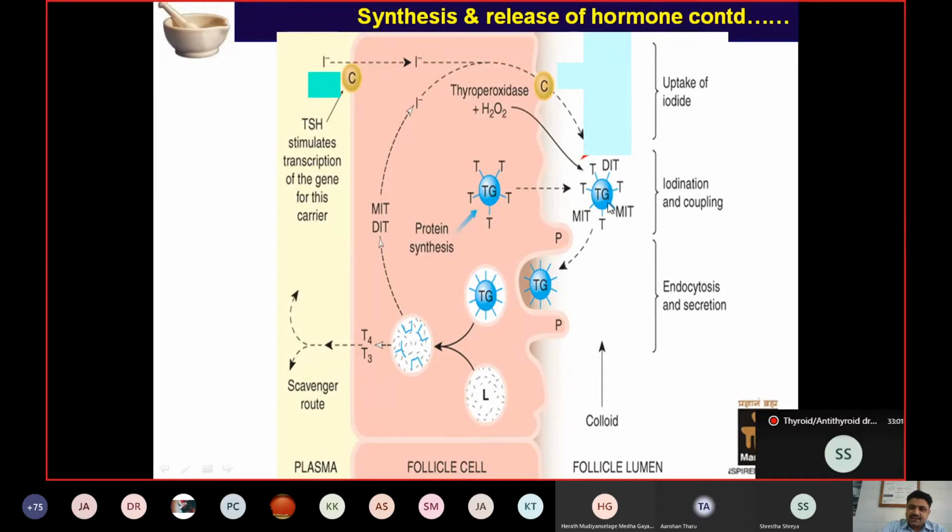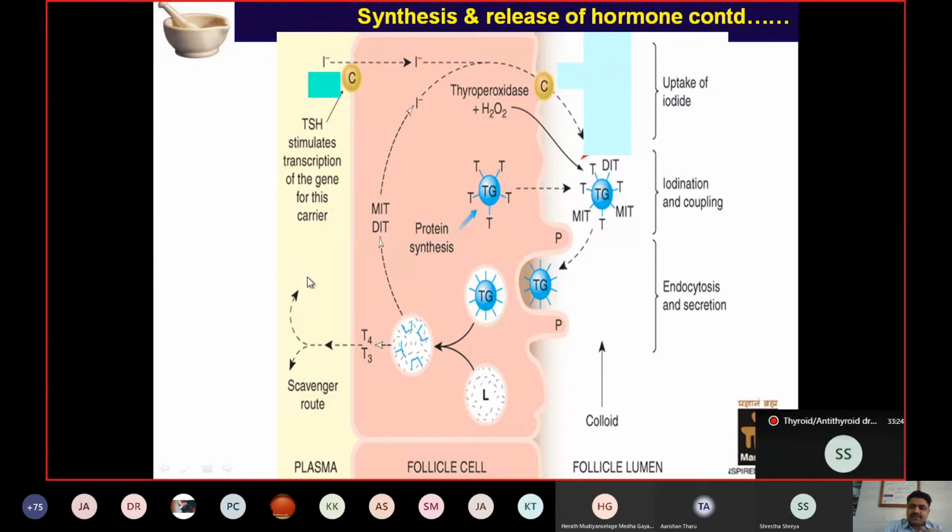Along with this, the thyroglobulin with T3 and T4 may be stored over here, or it is taken up by the cell, and that is what we call endocytosis. It is stored here.